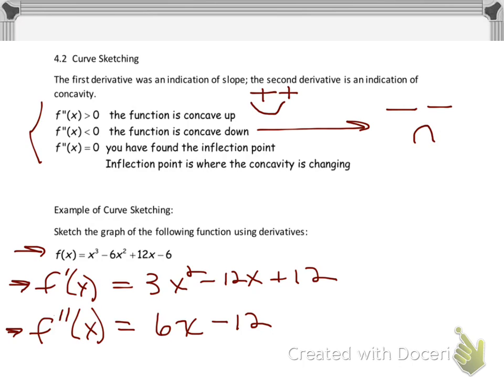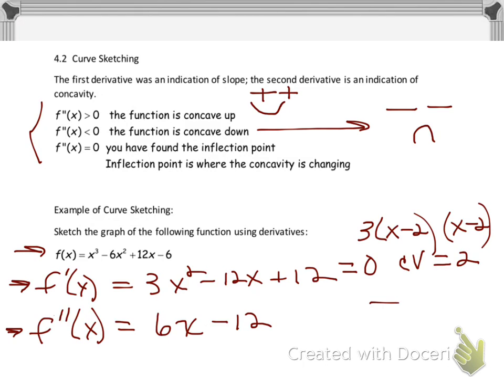To get the critical values, where the potential max or mins are, you set your first derivative equal to 0. When you do that, you end up with a factorable problem, and the factors end up being x minus 2 and another x minus 2. So my critical value ends up being 2. Now I'm going to do a sign chart.